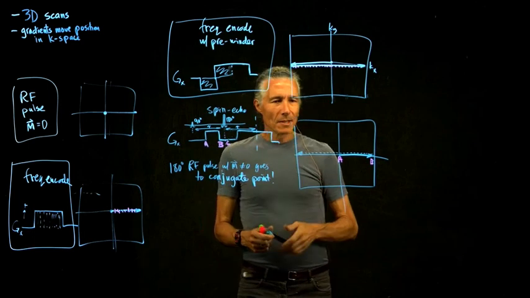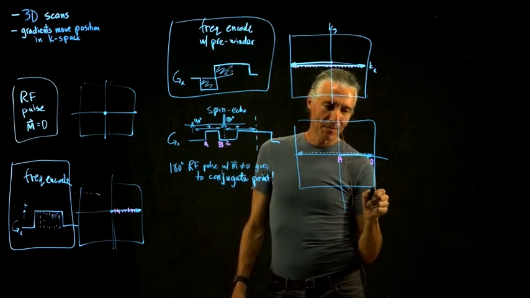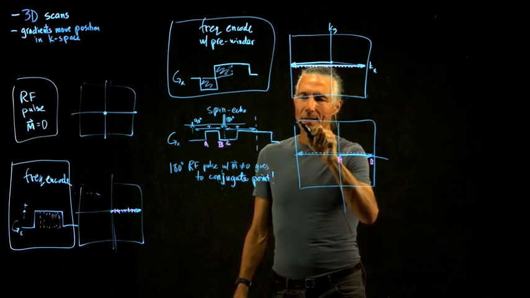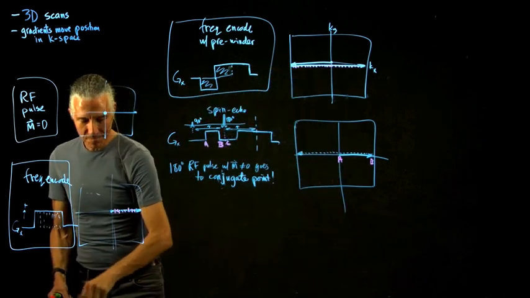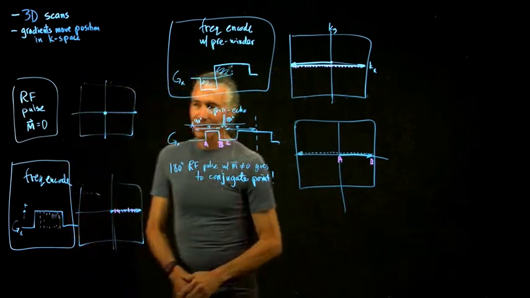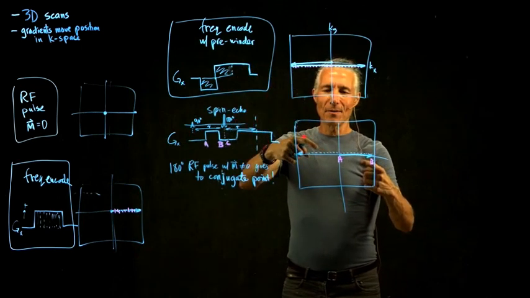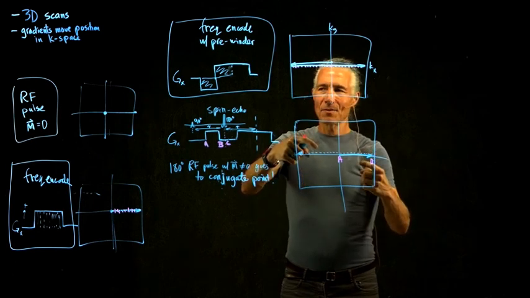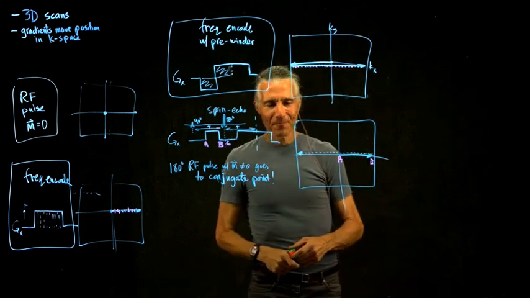So what does the conjugate point mean? If we'd gone down to here, the conjugate point would have flipped us over to here. Remember, it's that conjugate symmetry we were talking about, where we go to the mirror image part of K-space, but flipping up and down.